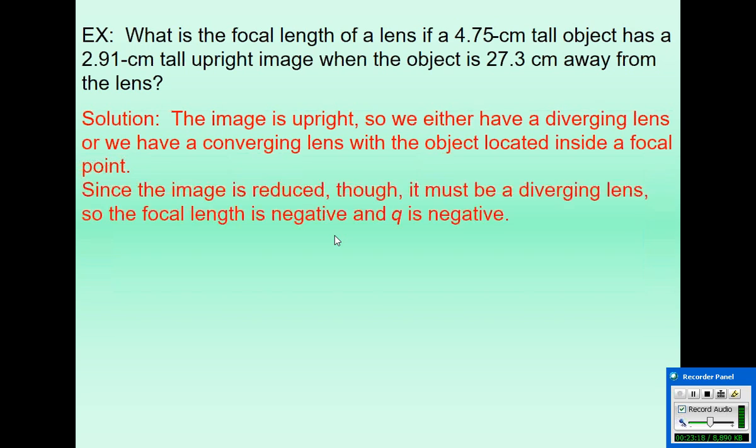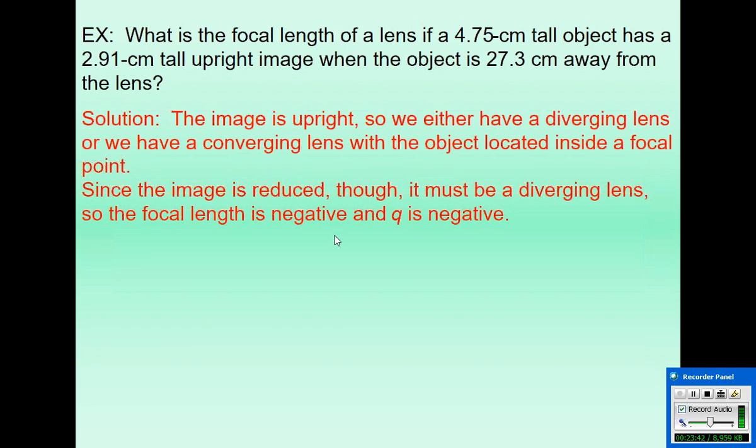But if it's a converging lens, the virtual image, the upright image, will be larger than the object. If it is a diverging lens, the image is smaller than the object. Well, based on the numbers we're given, the image is smaller than the object. We have a diverging lens.